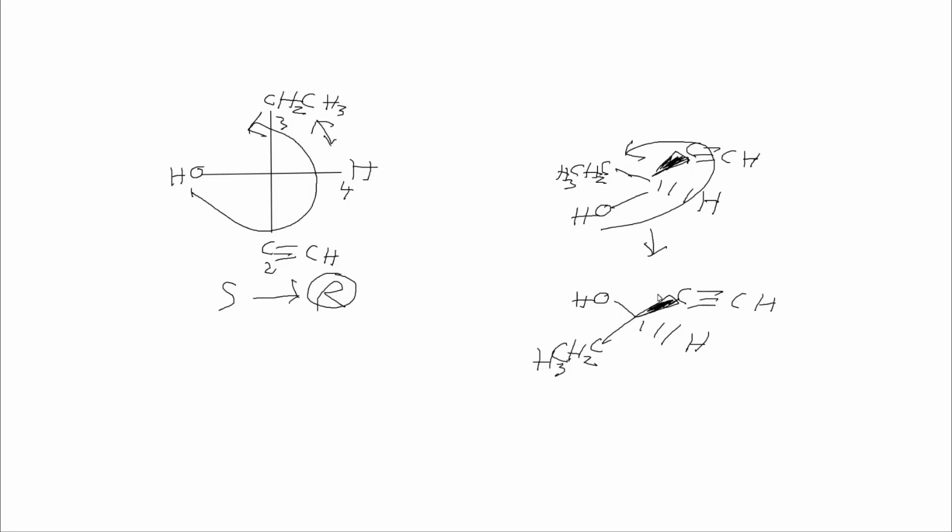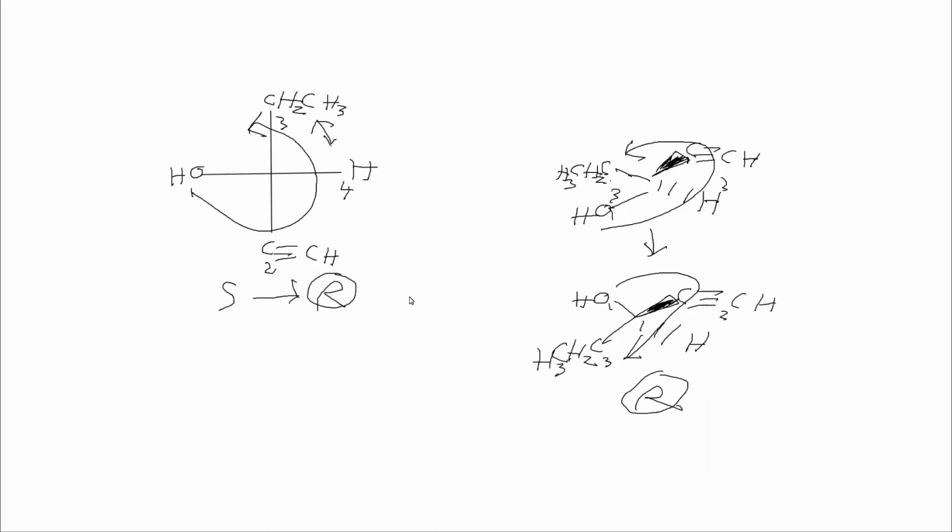Now to confirm that what we did worked, I'll number all of these: 1, 2, 3. Now look at this, 1, 2, 3. There we go. It goes in the clockwise direction, making this R, which matches. So that's how you go from Fischer to perspective.